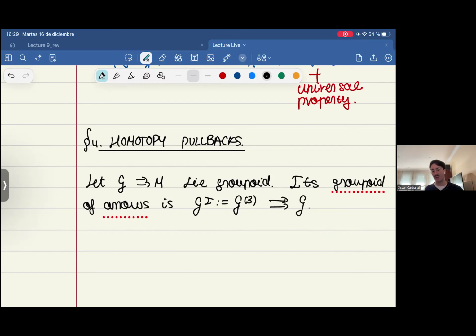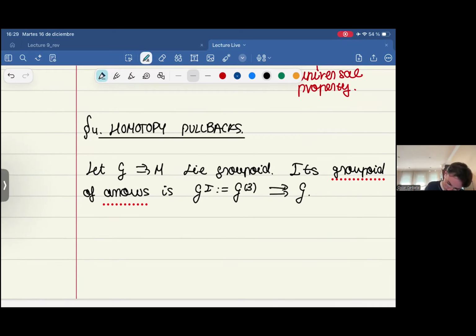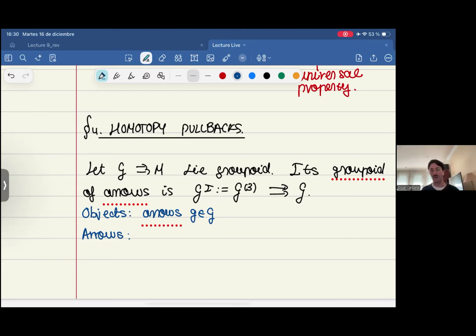So the objects are now arrows of the previous groupoid, and the arrows are commutative squares over arrows of G.